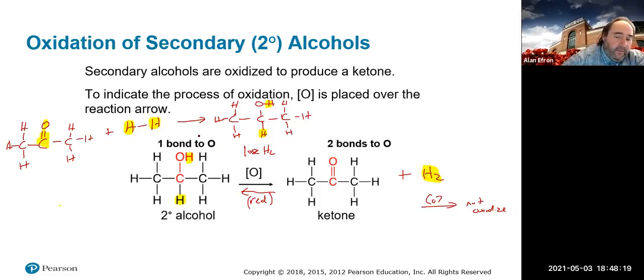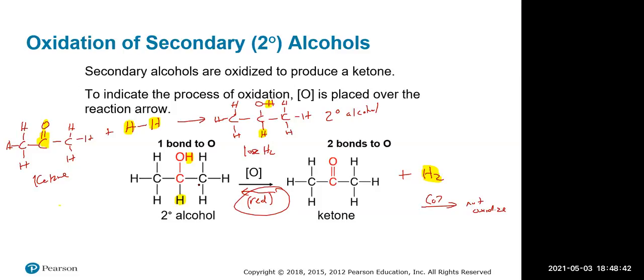And again, we go back to our secondary alcohol, starting from our ketone. That is the reduction reaction that's occurring. Oxidation takes us from secondary alcohol to ketone. Reduction takes us backwards from our ketone to our secondary alcohol. Any questions on that?